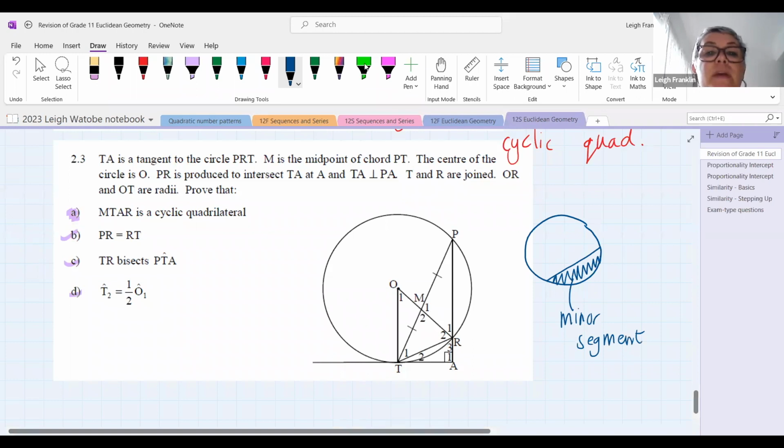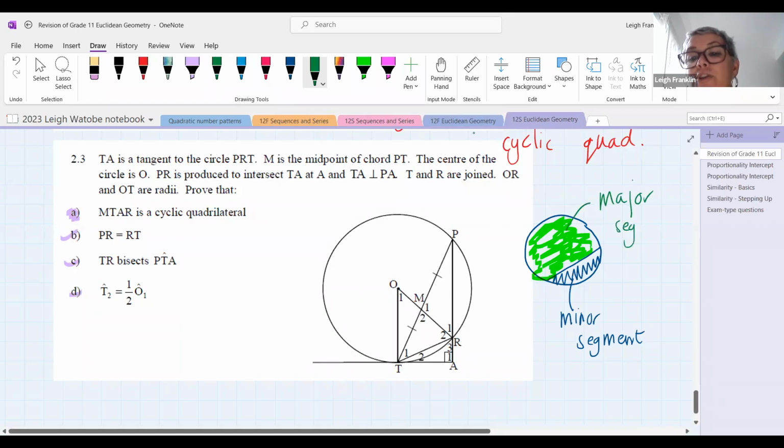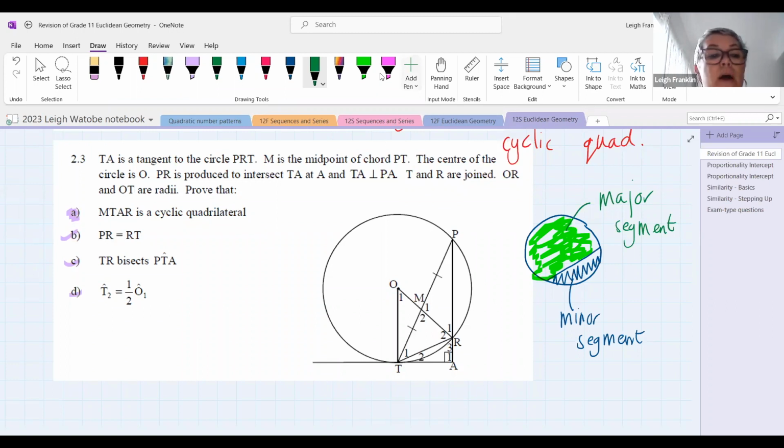This bit over here, which I'm going to highlight in green for you, what's left, would be referred to as the major segment of the circle. So a segment is a piece of a circle, created by a chord. So yes, 2.3 is your question.